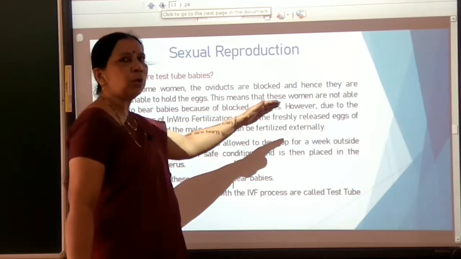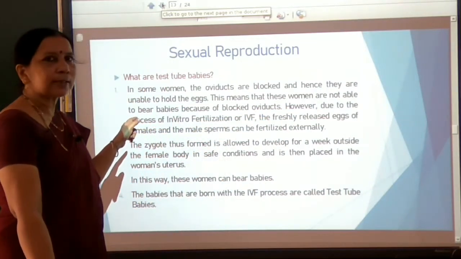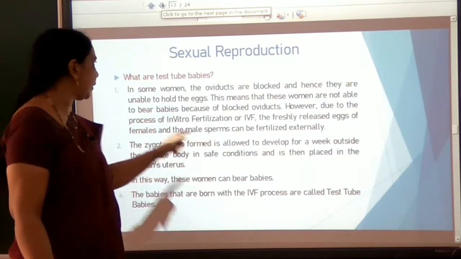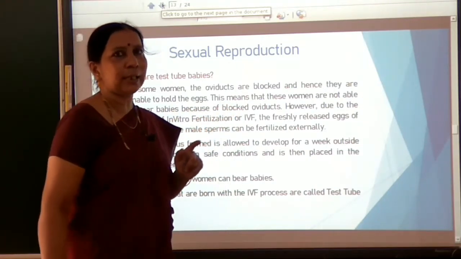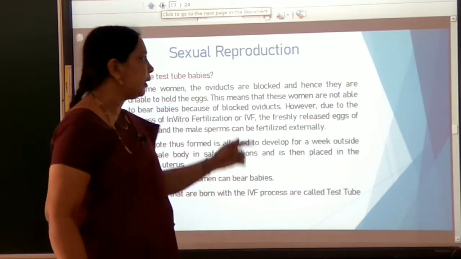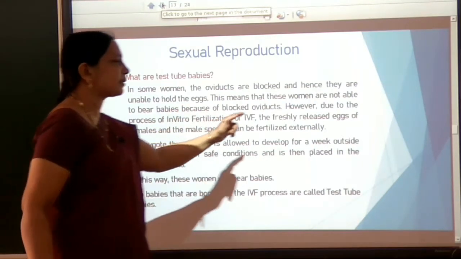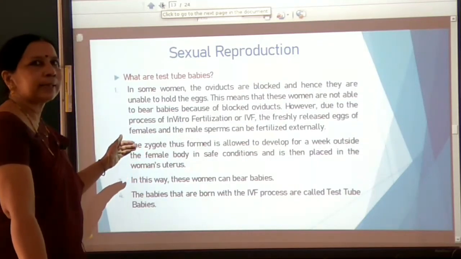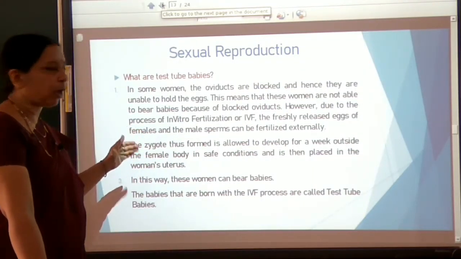However, the doctors collect the freshly produced egg from the female and sperms from the male, and the process of in vitro fertilization is carried out. In vitro means outside the body; the fusion of sperm and egg takes place externally, and if fertilization occurs, a zygote is formed.